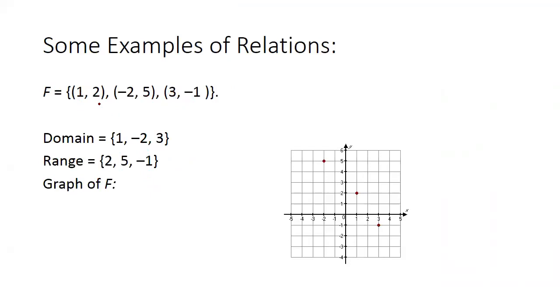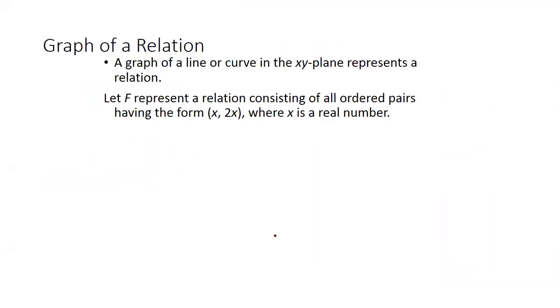If you were going to graph this, we can locate these numbers. 1, 2: you go on the x-axis to 1, on the y-axis you go to 2. So this would be the point (1, 2), and this one would be (3, -1), and so on. This would be (-2, 5).